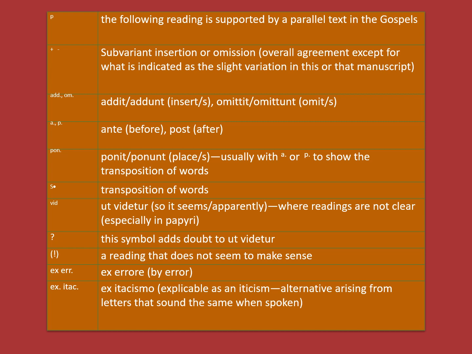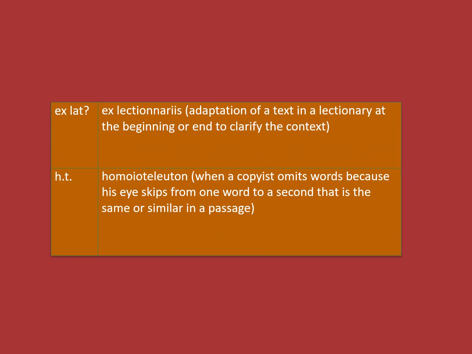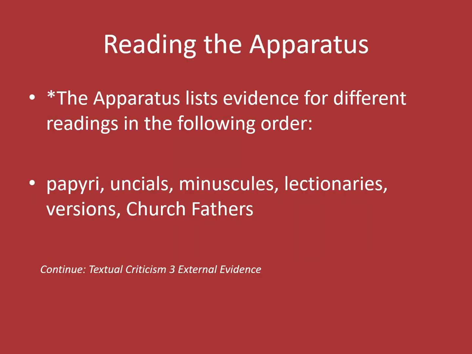And here is another part of the information you would need to use the Nestle-Aland Critical Edition. And finally, here is the end of the table. So, reading the apparatus. The apparatus lists evidence for different readings in the following order.